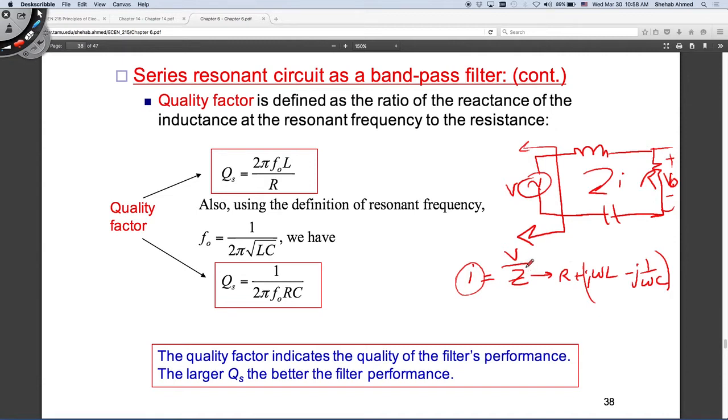Okay, so before, at a frequency that is not the resonant frequency, what do we want to do for a signal that is not the signal we want to pass through? What do we want to do to that signal? Attenuate it as much as possible, block it from passing through.